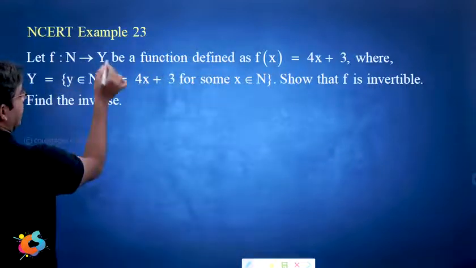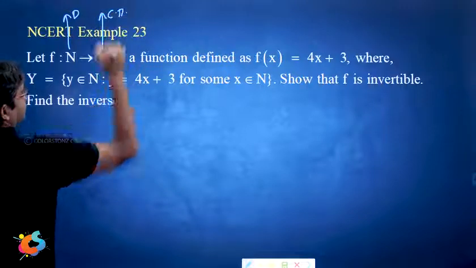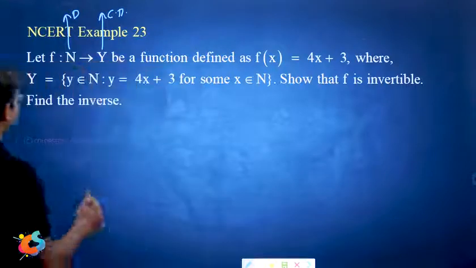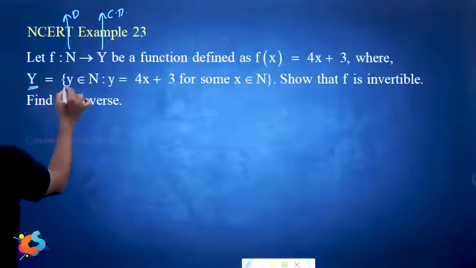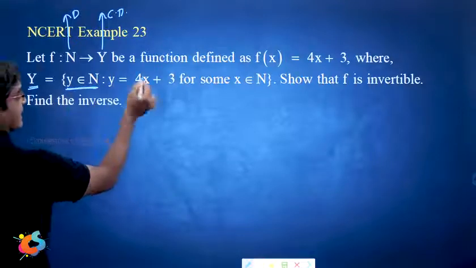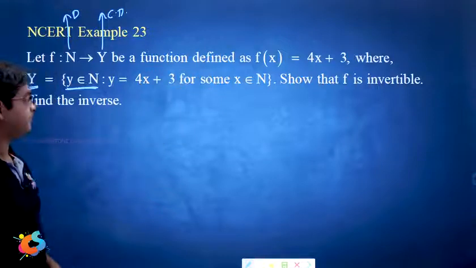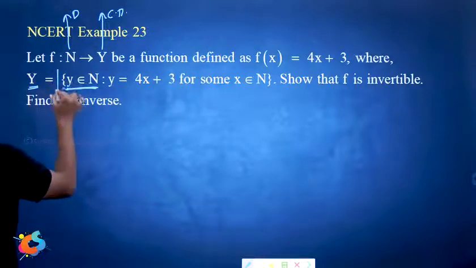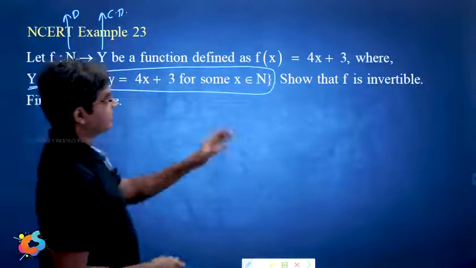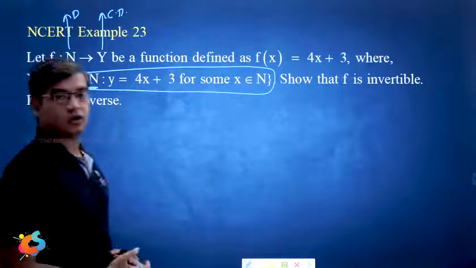Let f map from N to Y, so this is our domain and this is our codomain, be a function defined as f of x is equal to 4x plus 3, where set Y contains elements y belonging to natural numbers such that y is equal to 4x plus 3 for some x belonging to N. Okay, so here we have the information of what is set Y. Next, show that f is invertible and find the inverse function of f.